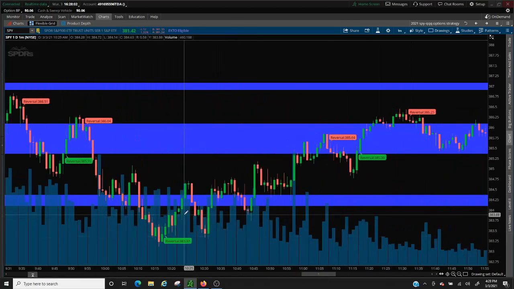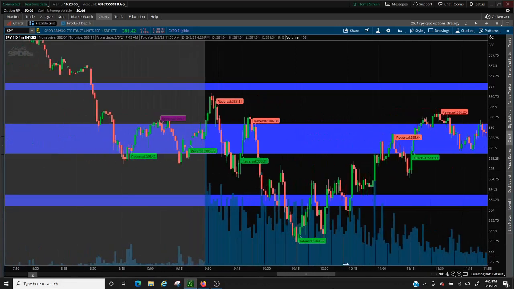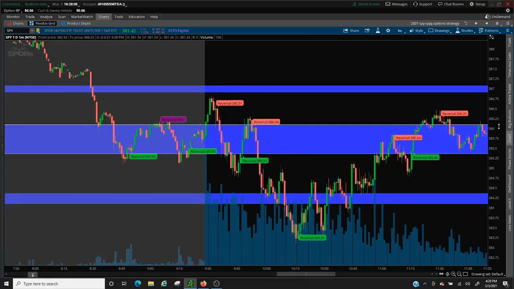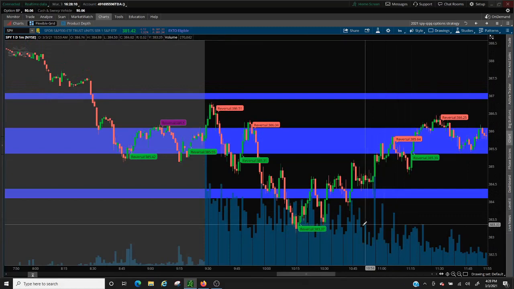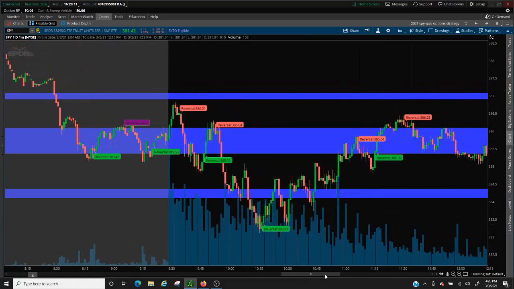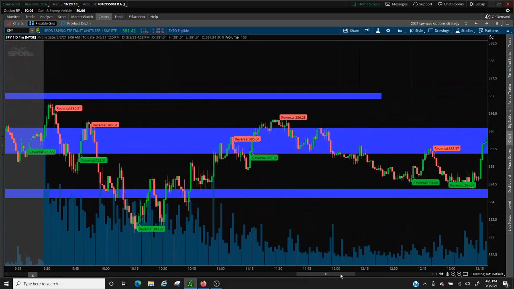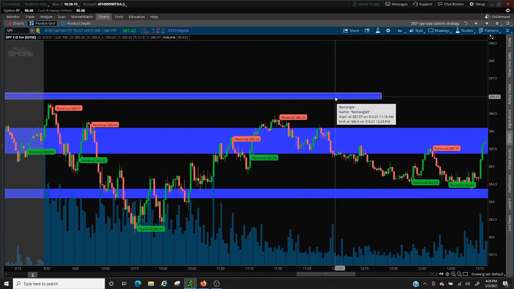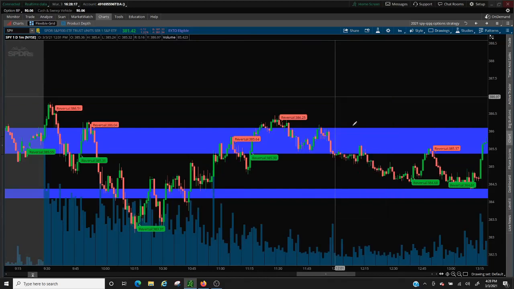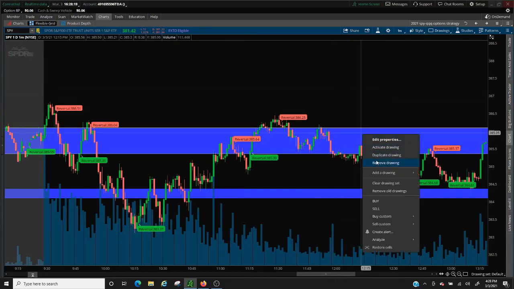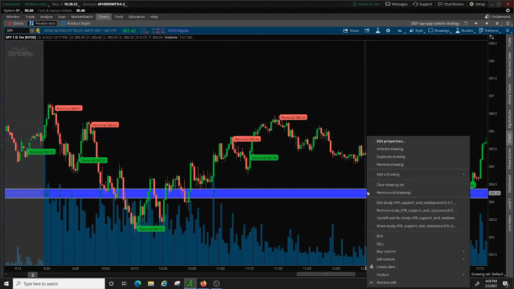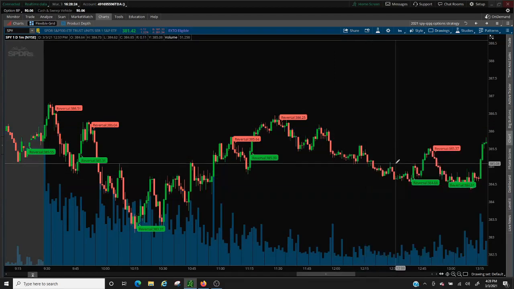I think I did it right here too, right here and right here, and I made enough for today. I hit my target in the first two trades, but identifying support and resistance is the key to understand areas for potential entries and areas for potential exits when you develop your strategy.